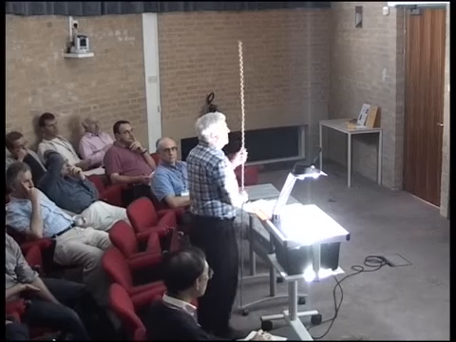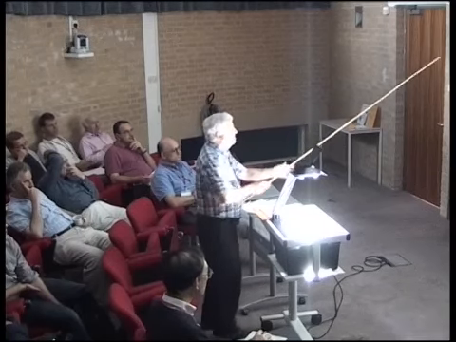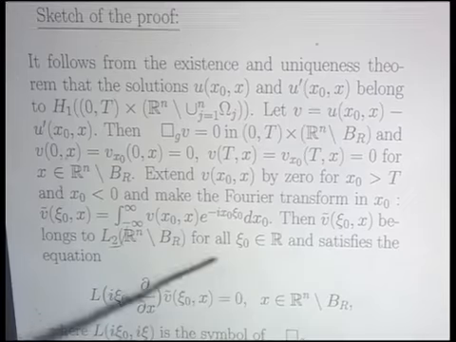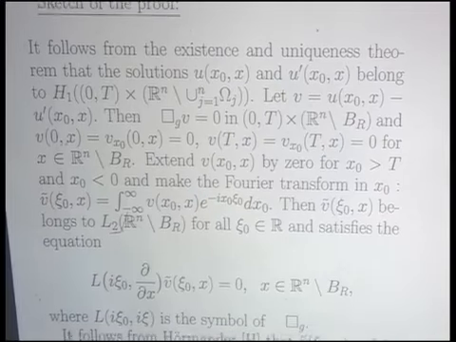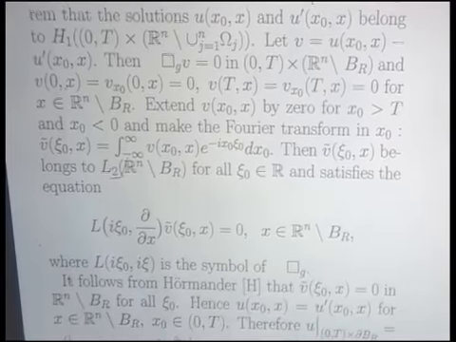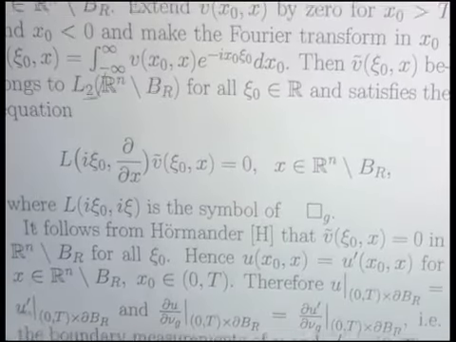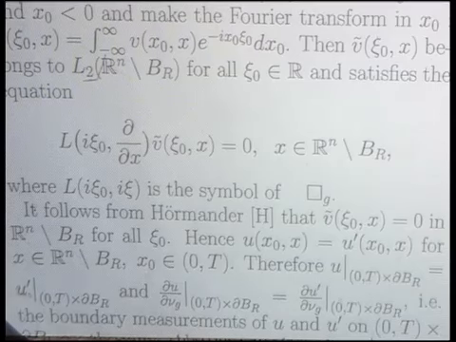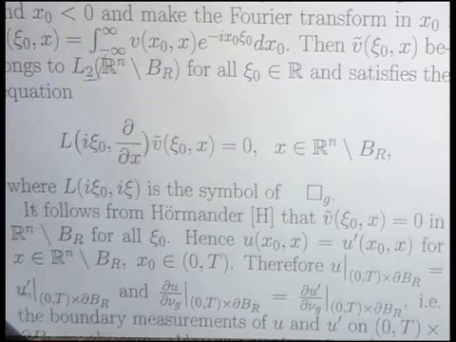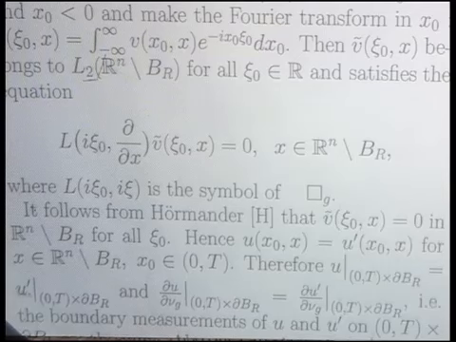Then you have this equation, and this is already an elliptic equation, and V tilde belongs to L2, and this is a Rellich type theorem that if you have coefficient decaying and solution in L2 outside of a ball, then it is 0.